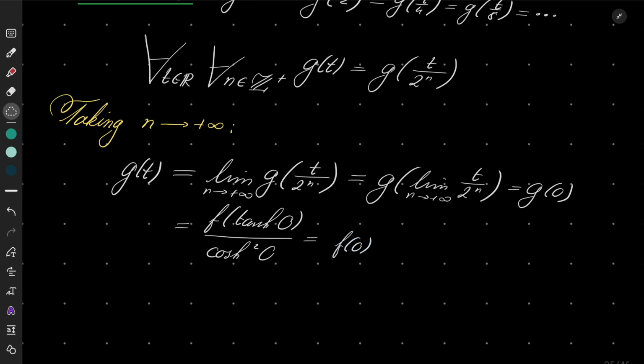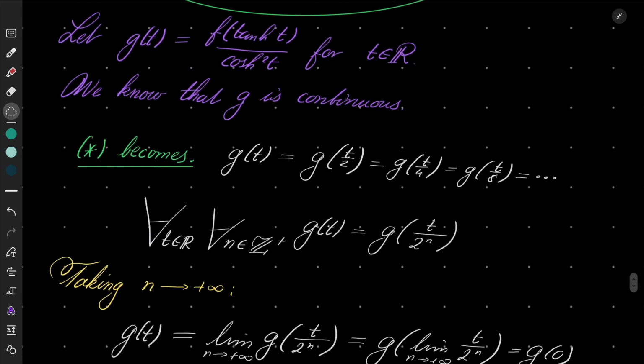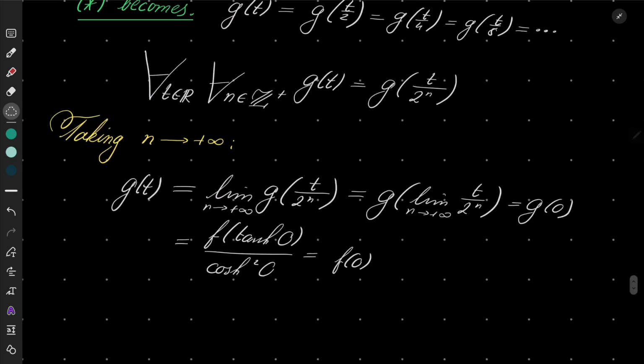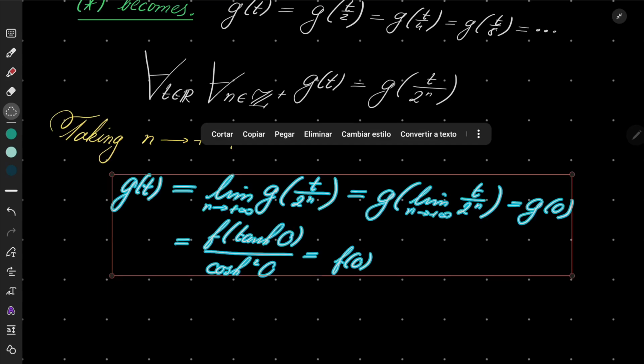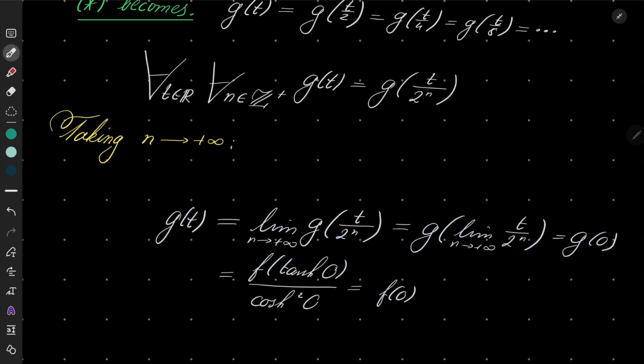Very well. And one more thing, remember that g of t, what is g of t? Well, g of t was defined as f of hyperbolic tangent t over hyperbolic cosine squared of t, and that holds for every real number t.